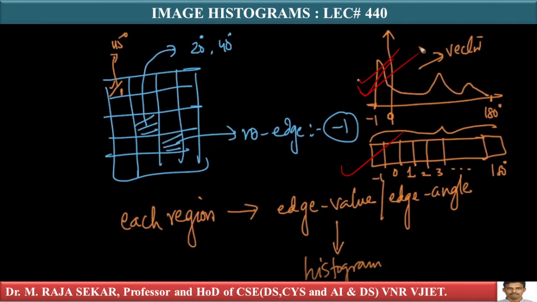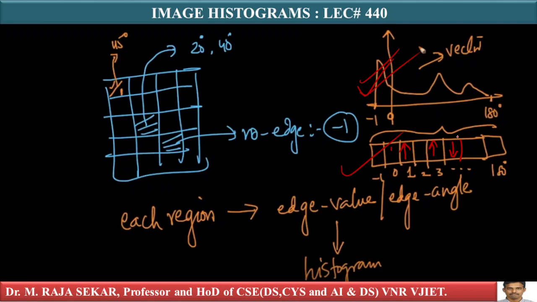Some dominant value here, some dominant value somewhere here also, and some small value here, isn't it? How to convert the histogram into a vector, we already discussed in our previous lecture.